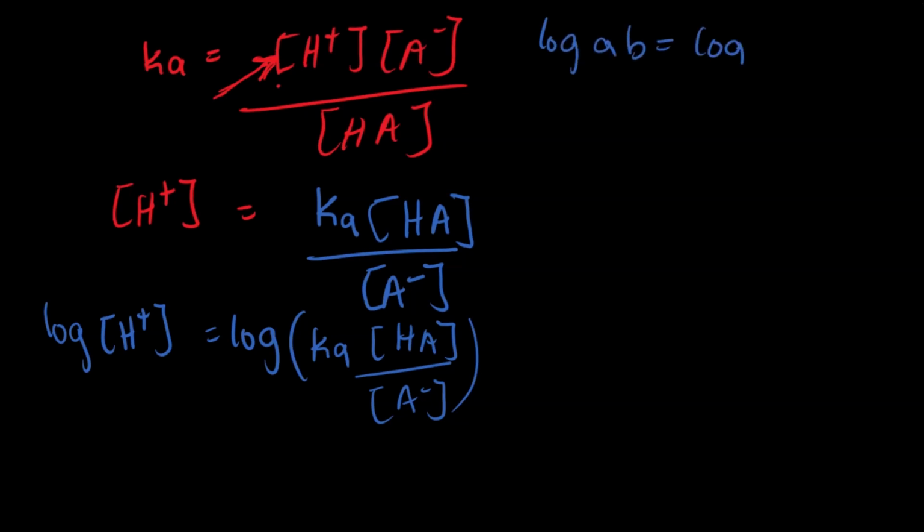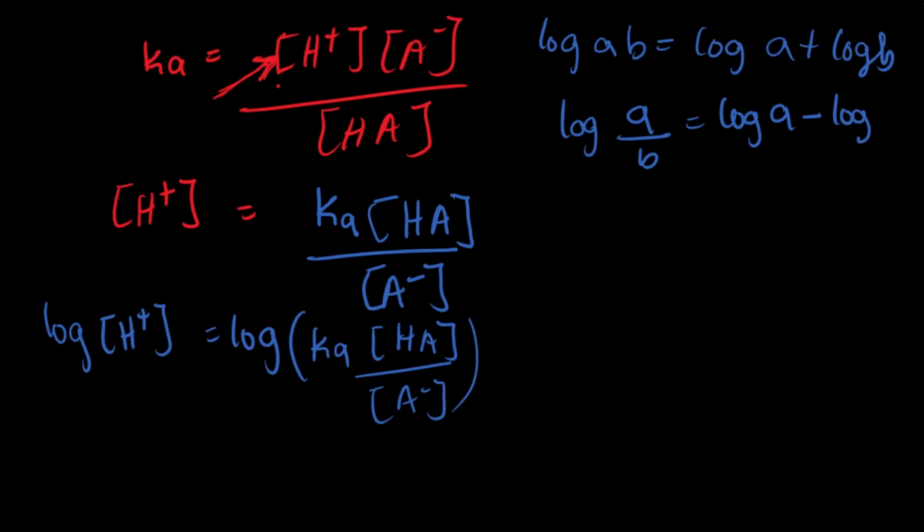Now, laws of logarithm: log AB is equal to the log of A plus the log of B, and log of A divided by B is equal to the log of A minus the log of B. It's good for us to keep this in mind.